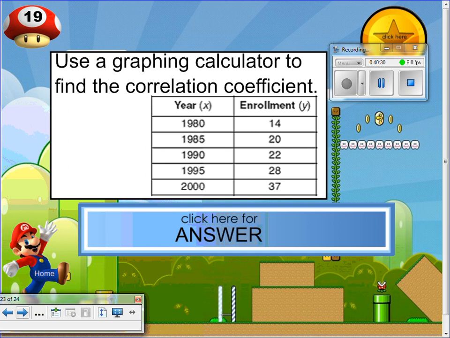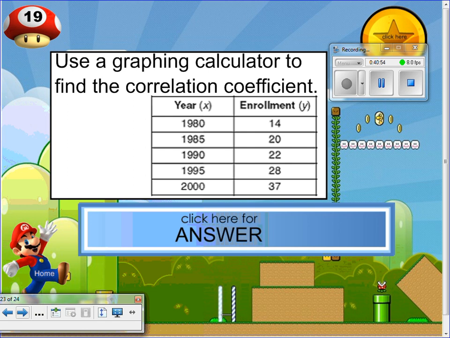Number 5 would be to type in the data. So type in 1980, 1985, 1990, 1995, 2000 for X. And then for Y, type in 14, 20, 22, 28, 37.